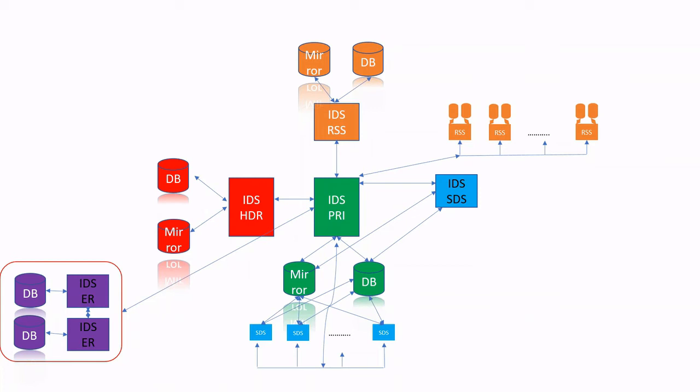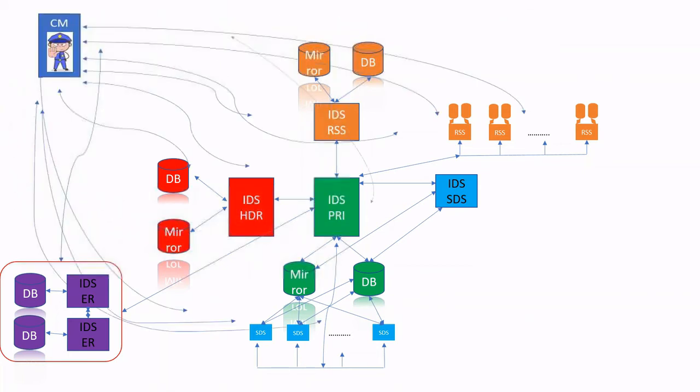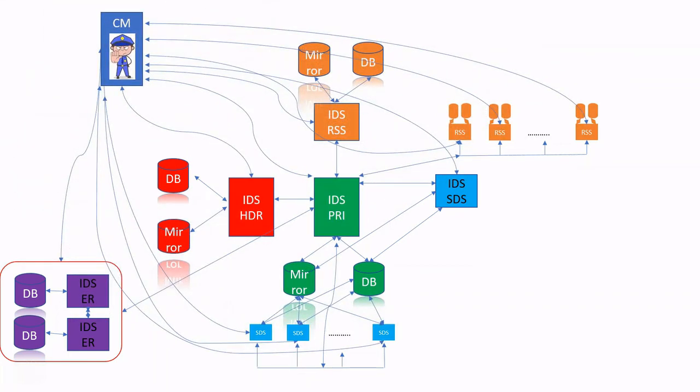Having so many types of IDS servers, now the question arises, which server becomes the primary server when the original primary goes down? This decision is made by Connection Manager as it understands the entire topology of the cluster. The Connection Manager is configured with enough information by way of service level agreements.